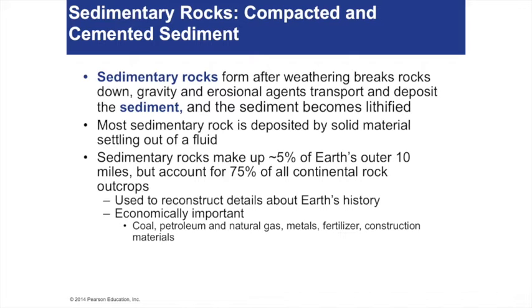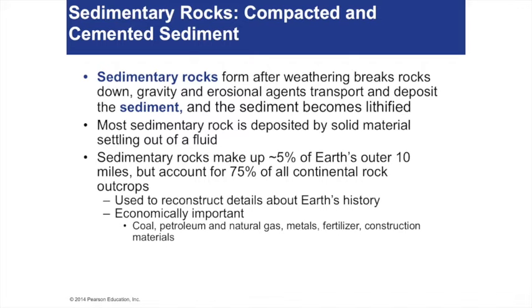Something runs in between the tiny sediment pieces and cements them together. It's compacted, usually by the pressure of the overlying rock layers, and then cemented, usually by water that has some chemicals in it that will adhere to the pieces and lithify them, or turn them into rock.